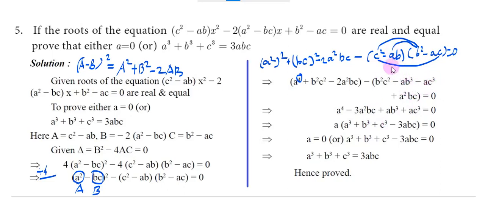Next multiply −ab with −ac: minus into minus is plus, a into a²bc. Some places we will take this way and some places we will take that way, both are the same.